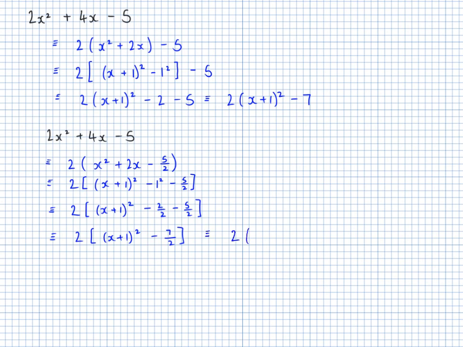So 2 bracket x plus 1 squared, take away 7. That's what I had here as well. So you can factorize from the first two terms, or you can factorize it from all of the terms. And this is the coefficient of x squared that we're factorizing, and then we complete the square from there.